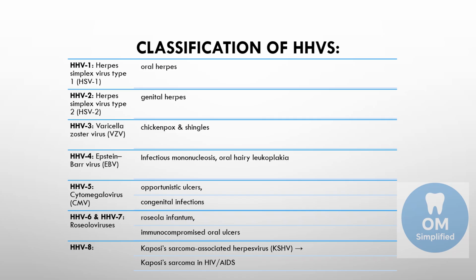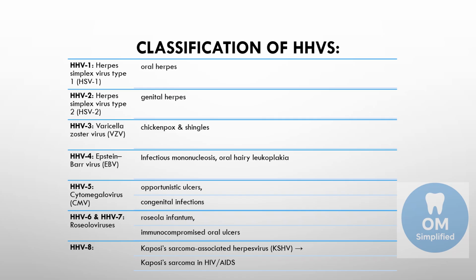Human herpes viruses are classified into herpes simplex virus 1 that causes oral herpes, herpes simplex virus 2 that causes genital herpes, human herpes virus 3 or varicella zoster virus that causes chickenpox and shingles, human herpes virus 4 or Epstein-Barr virus that causes infectious mononucleosis and oral hairy leukoplakia, human herpes virus 5 or cytomegalovirus that causes opportunistic ulcers or congenital infections.